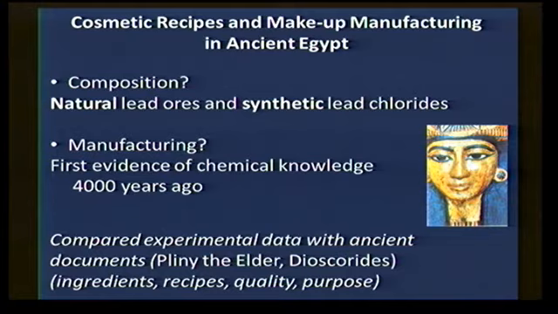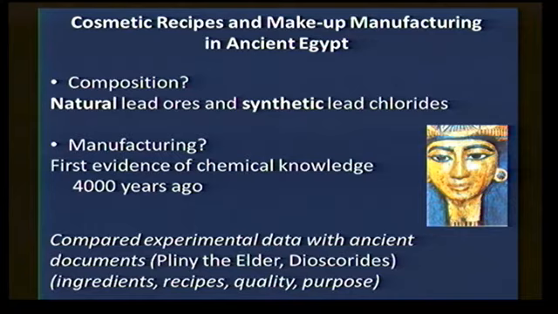So we had a whole bunch of data, diffraction data, fluorescence data, using synchrotron radiation techniques, and we compared our results with existing literature. So we have ancient texts here, and those texts describe the ingredients, the recipes, the quality of the makeup, for which purposes, and basically we were comparing our results with those ancient texts.